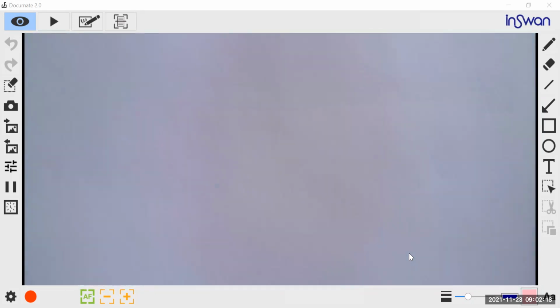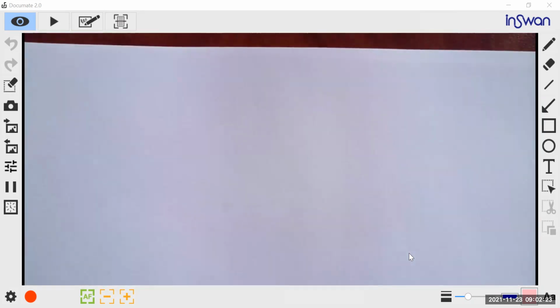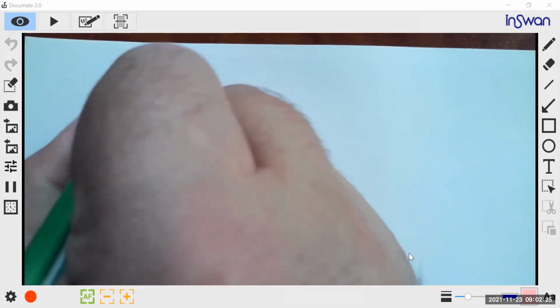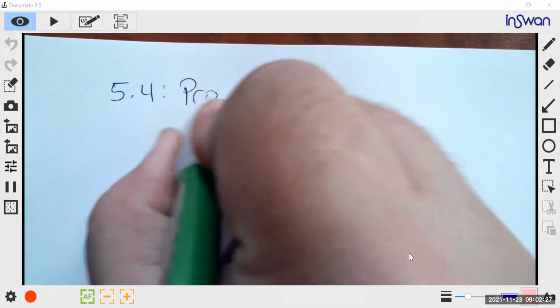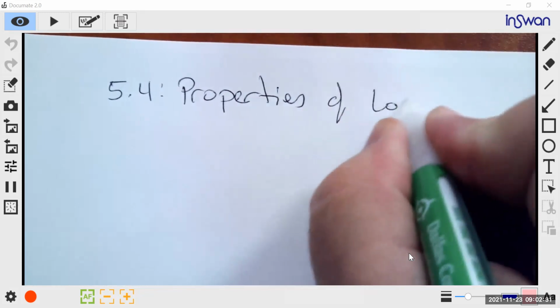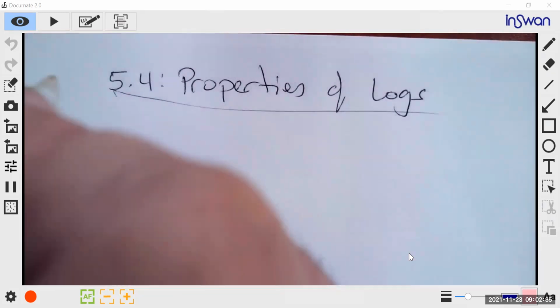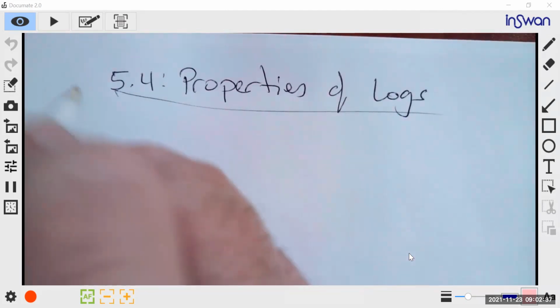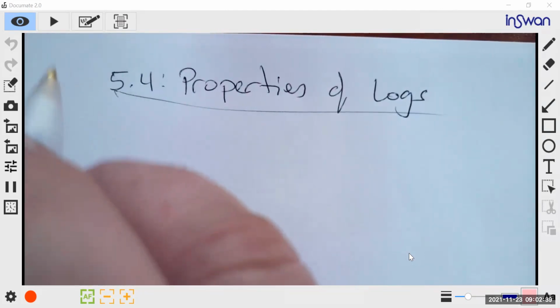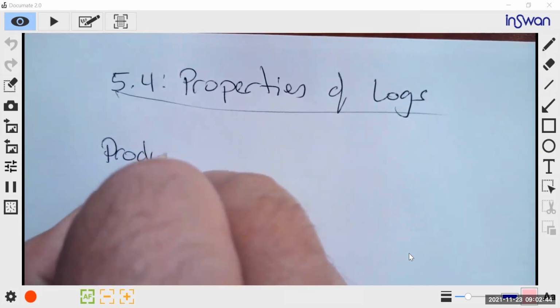All right, let's look at the properties of logs. The first one is called the product rule.